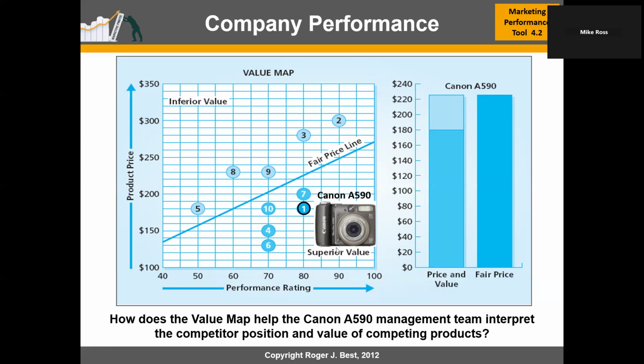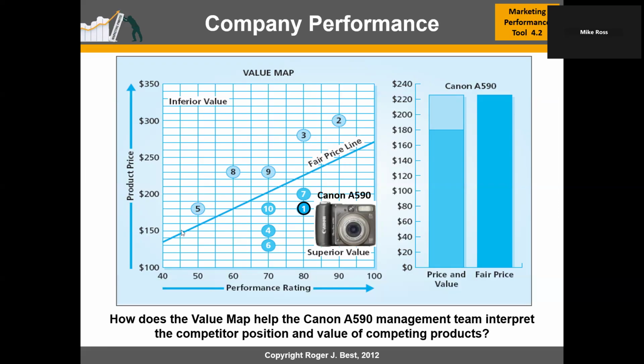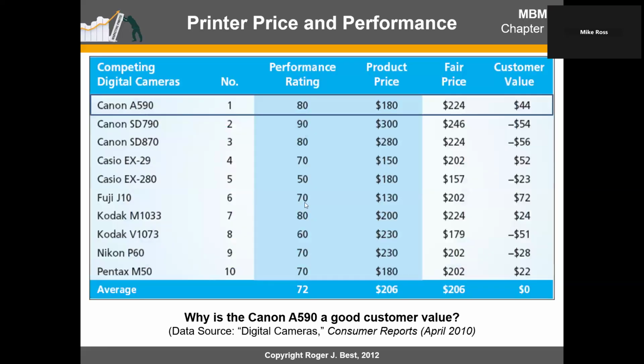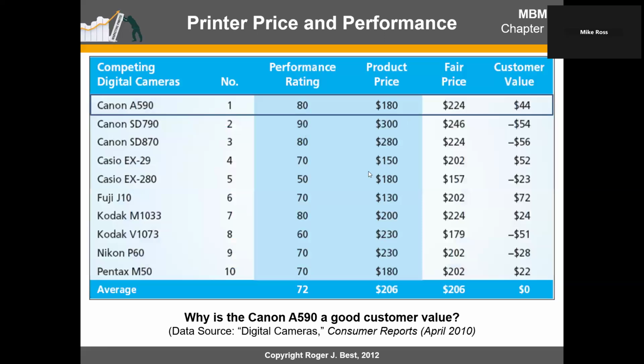So I have a performance rating here for number one of 80, and the product price was 180. So right around here. However, the fair price was 224, so you can see 224 is higher than 180.